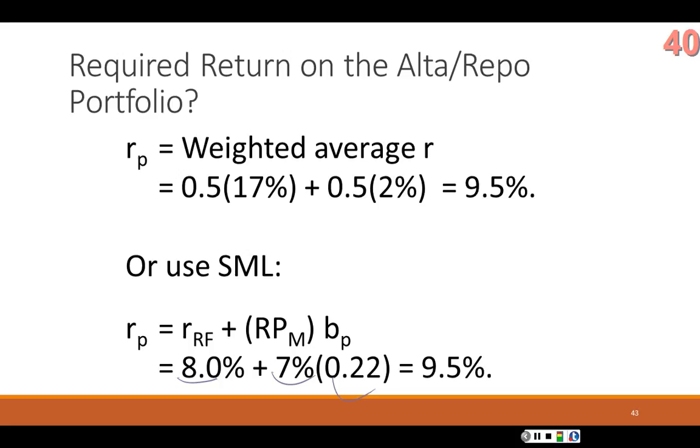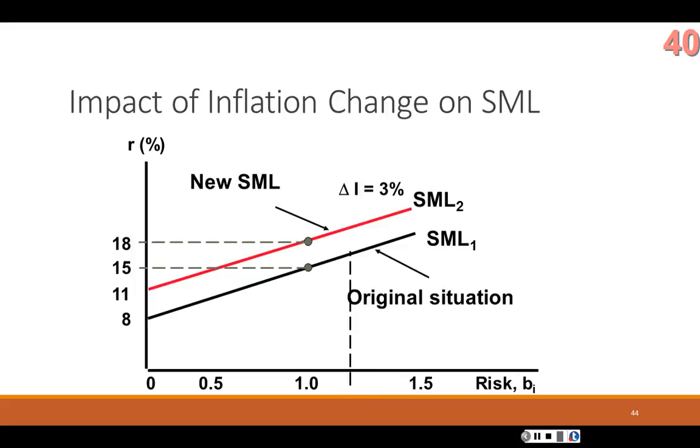We usually estimate the risk-free rate using the 3-month rate on U.S. Treasury bills. So the risk-free rate is equal to the real rate of interest plus this inflation premium, and we estimate that using T-bills.